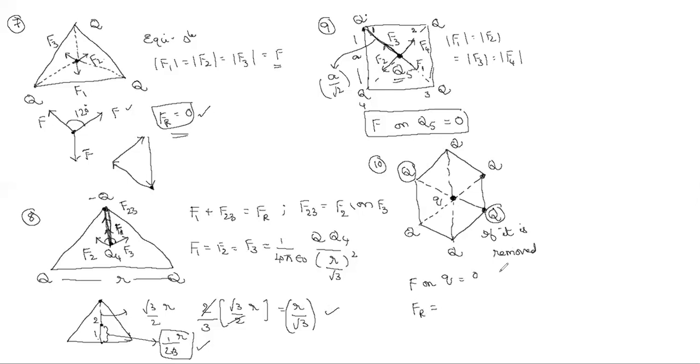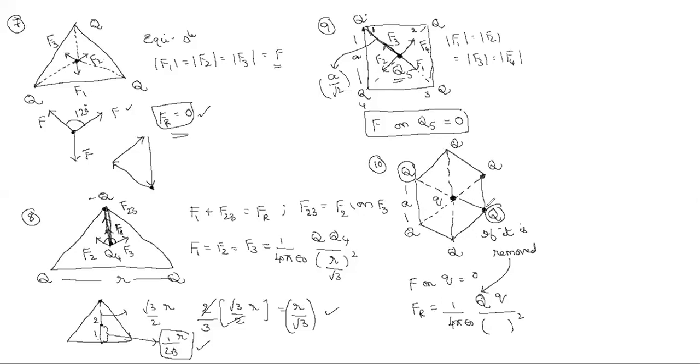I have to write there, if one charge is removed now, F equals 1 by 4 pi epsilon naught, Q into small q by r squared. That distance, do you know, if I take each side length as A, half of the diameter in a hexagon? The length of the diameter is 2A.